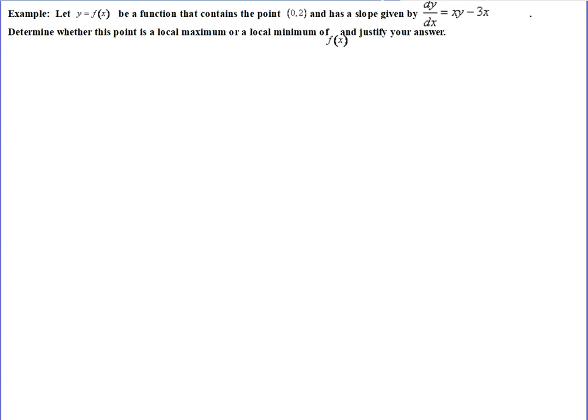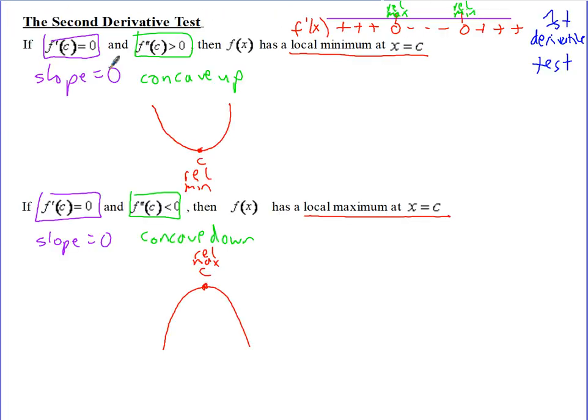Okay, let's take a look at this next example here. It says let y equals f of x be a function that contains the point (0, 2) and has a slope, or derivative, given by this. Determine whether this point is a local maximum or local minimum of f of x and justify our answer. All right, for the second derivative test, we first need to see if it makes the first derivative 0. Otherwise, we can't use it at all.